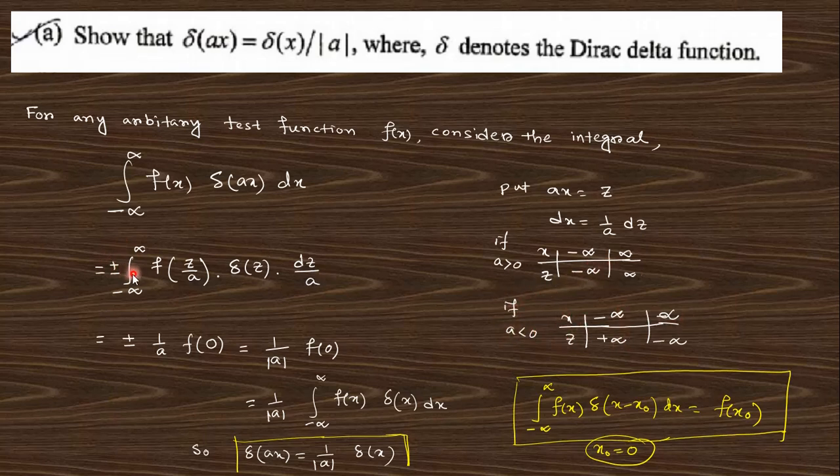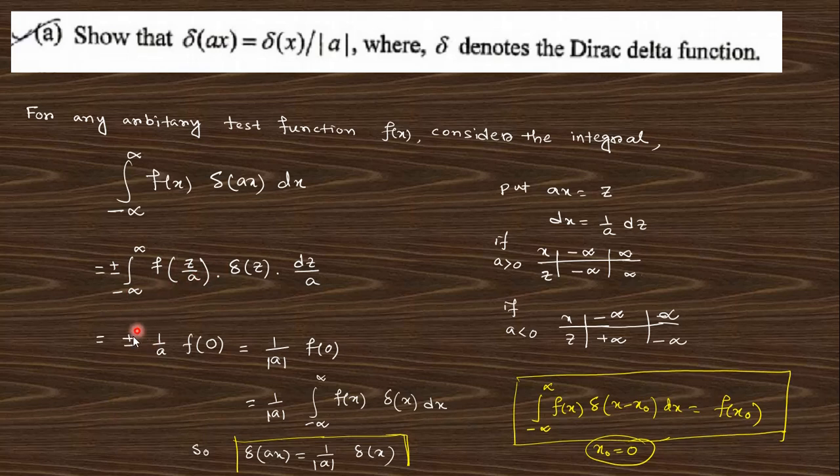That's why we take plus minus, because in the case of a greater than 0 it is plus, but in the case of a less than 0 the limits change from plus infinity to minus infinity. If you flip them, there will be a minus, right?